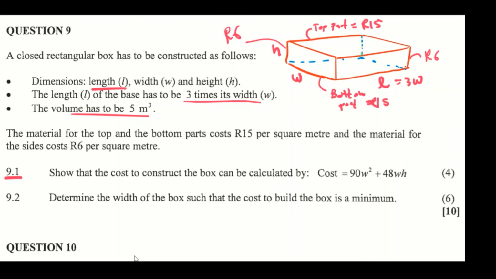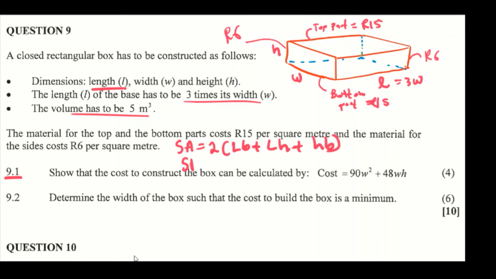So the surface area of a rectangular prism is given as twice the length and breadth, plus length and height, plus height and breadth.